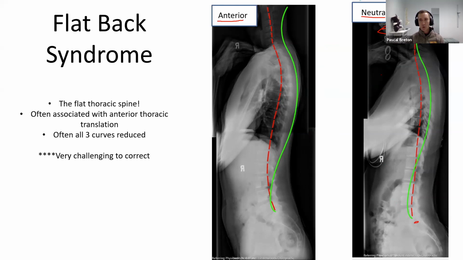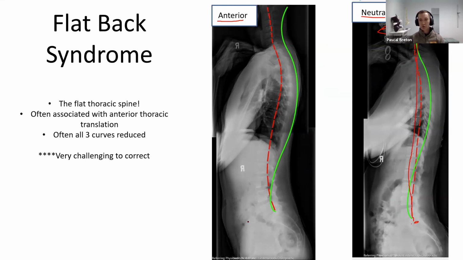But, Cole's Notes version, we're looking at C1 over T1, or in our case with anterior head translation, we talked about C2 over C7. We're basically measuring the same thing. We're looking for balance here. We want to see C1 over T1 over T12 over S1. And if we look at this case, it's not perfect, but she's pretty darn close to being in balance, the top of the spine over the bottom of the spine.